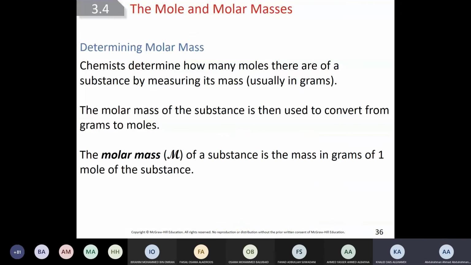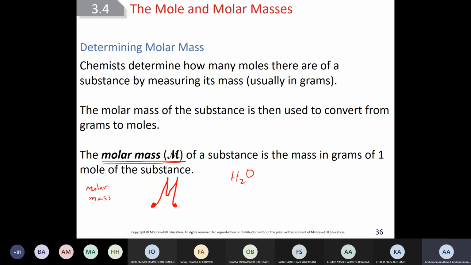Good. Now we also want to define molar mass, which we represent by M, but it's not a regular M, it's like this. This letter I want you to memorize now. What is it called? Molar mass. What do I mean by molar mass? It's the mass of anything.